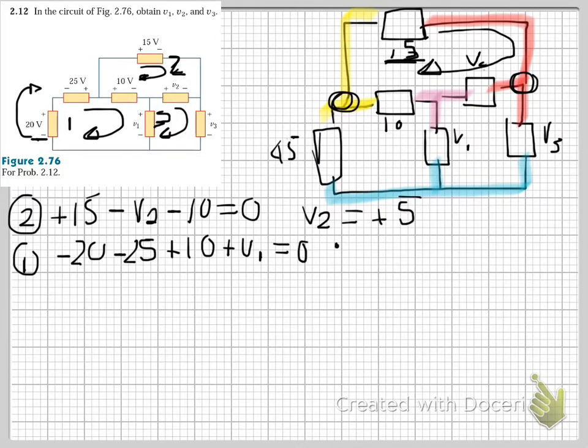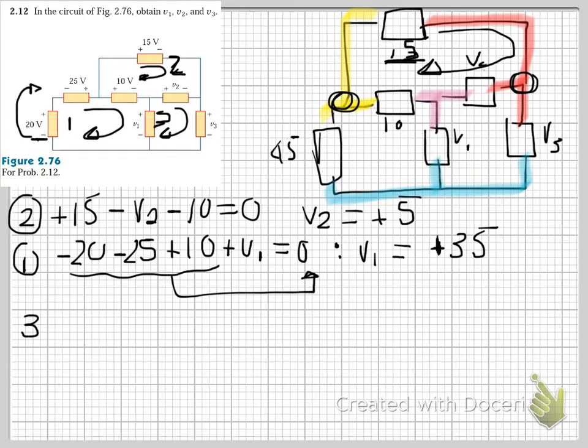So therefore, our V1 is equal to negative 35. No, actually positive 35, because we're taking the sum of this to that side.